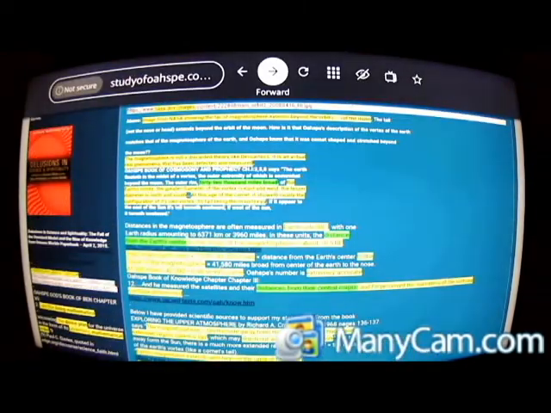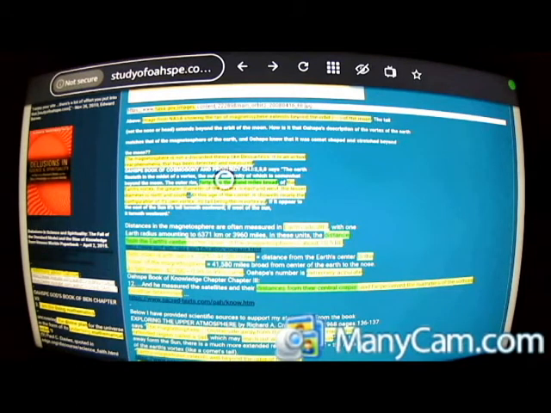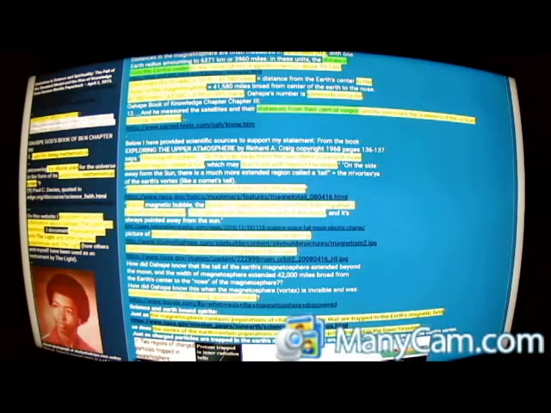And then there's the statement right there in Oahspe where it says the outer extremity of which is somewhat beyond the moon. So there you have it. There's the scientific fact that backs up what is written in Oahspe.